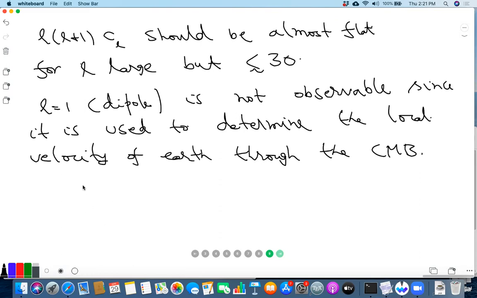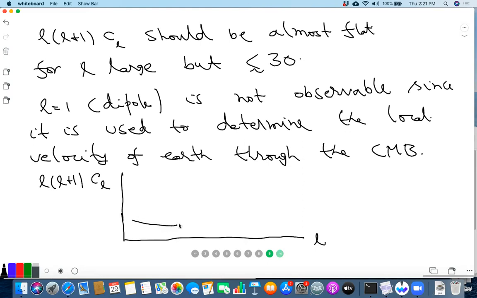Okay, so here is what we see. What one finds is that it's more or less flat, and then it starts oscillating.